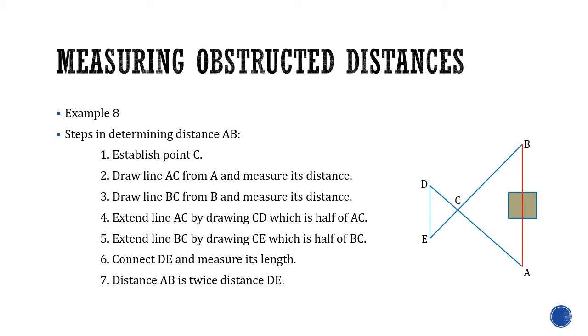Anyway, the ratio of AC to DC is one half, so AC over DC equals AB over DE.